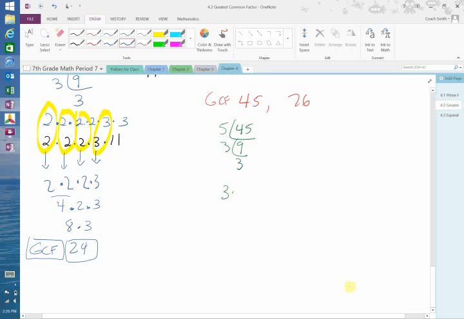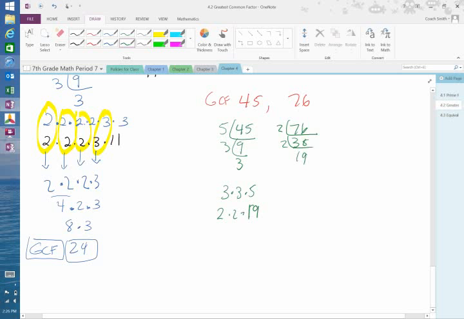So that would be 3 times 3 times 5. 76 by 2 is 38, 2, 19. So 2 times 2 times 19.